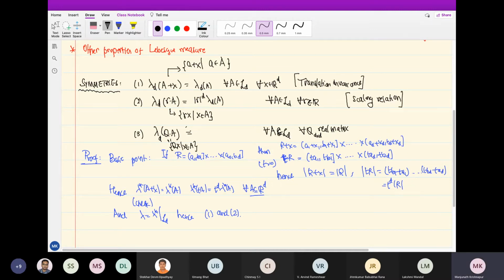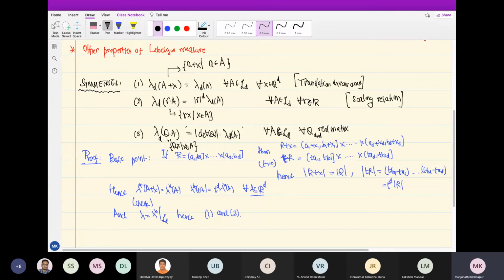Any guess? What should it be? Determinant times the volume. Determinant of Q, we should put an absolute value because it has to be non-negative, times the measure of this. Okay, if it is a singular matrix, it becomes 0.